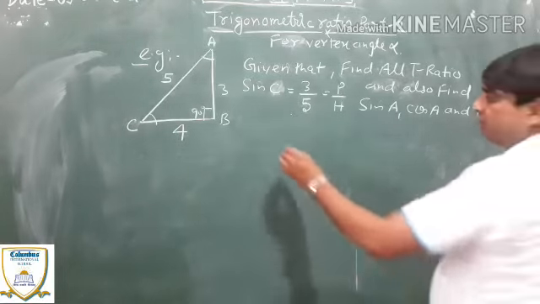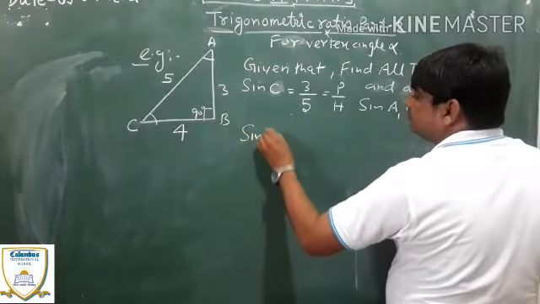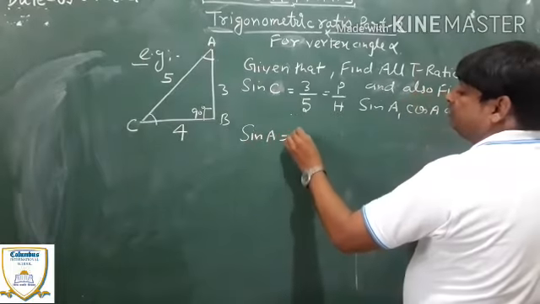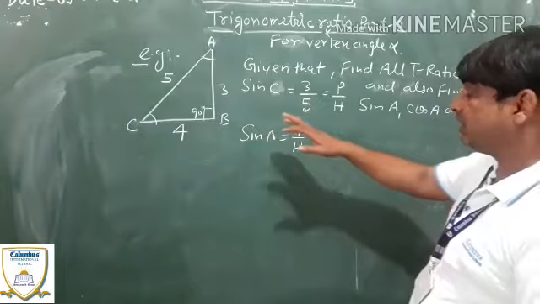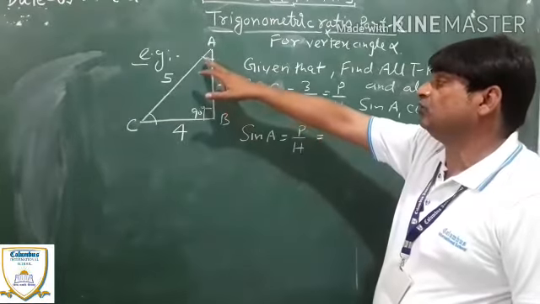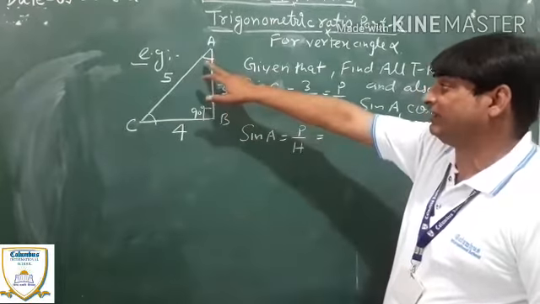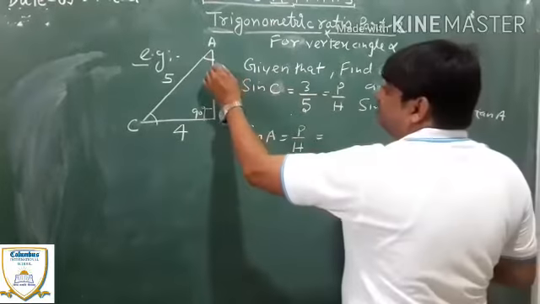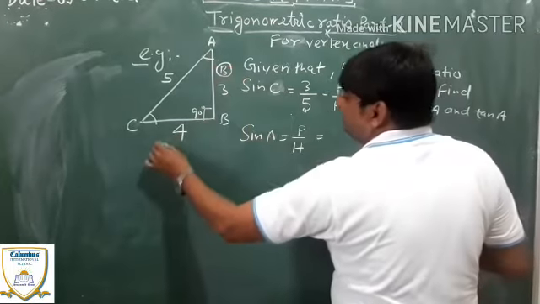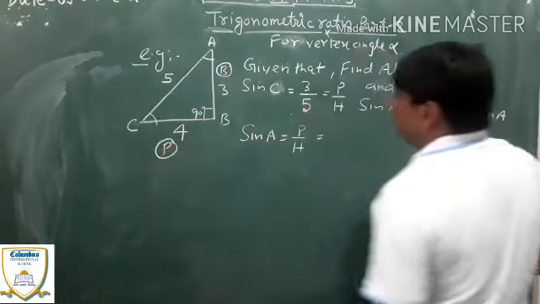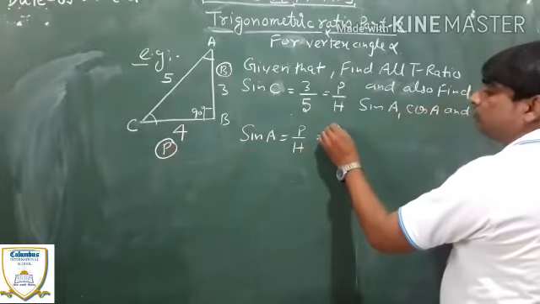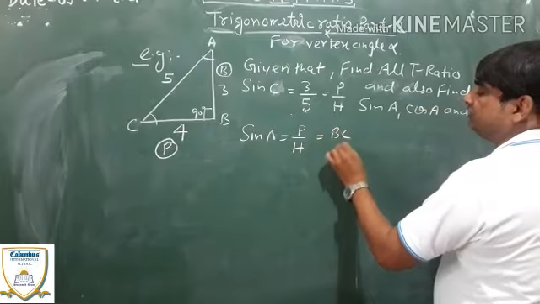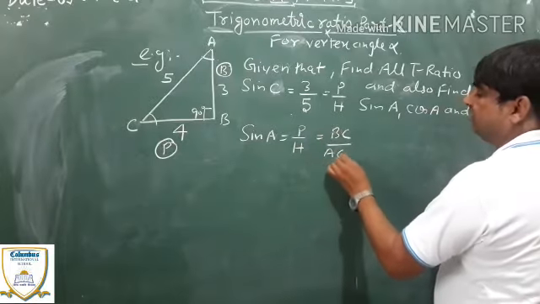What is the value of sin A? Sin A is equal to perpendicular by hypotenuse. But already you know that if you want to find the vertex angle, then perpendicular is changed into base and base is changed into perpendicular. It means perpendicular is BC and hypotenuse is AC.